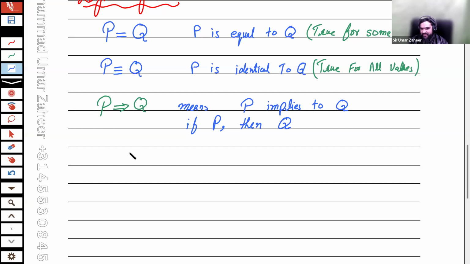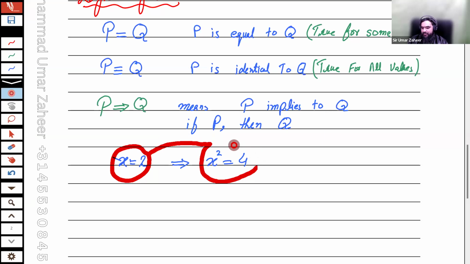For example, if you have x is equal to 2, it implies that x square will be equal to 4. If you have x is equal to 2, this can give the result that x square will be 4. Is it clear? From P, for example, if x is equal to 3, you cannot imply that x square will be equal to 4, right?